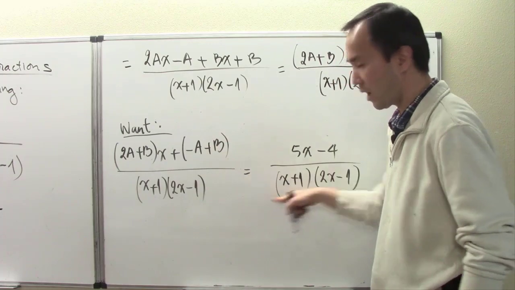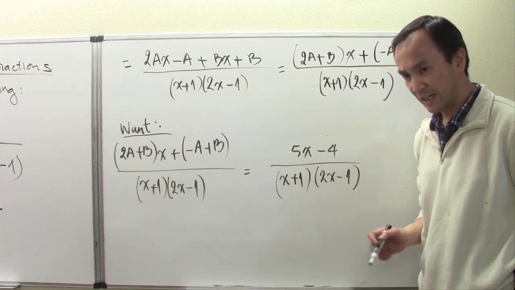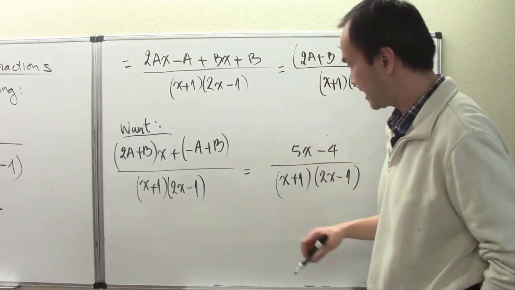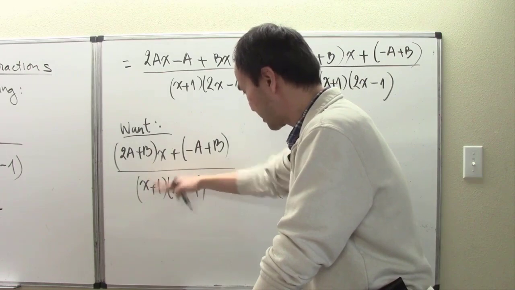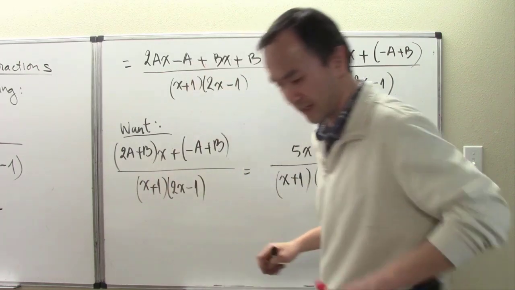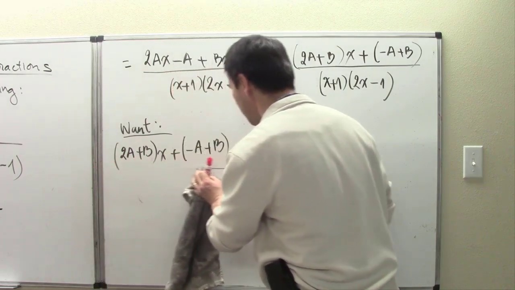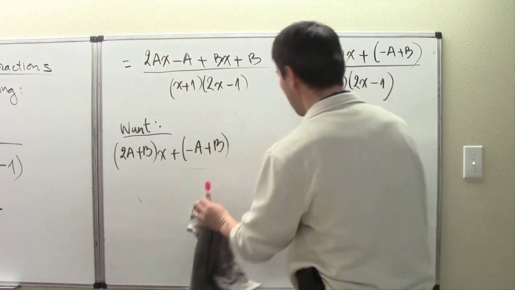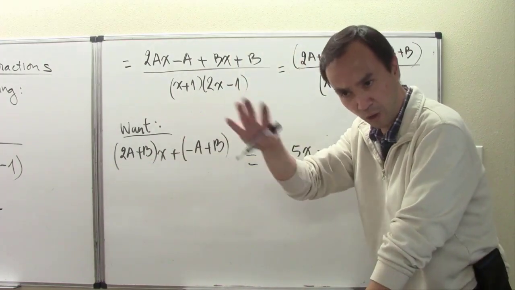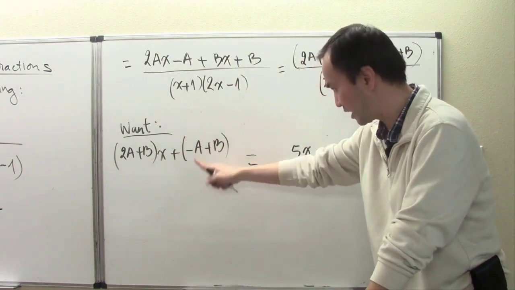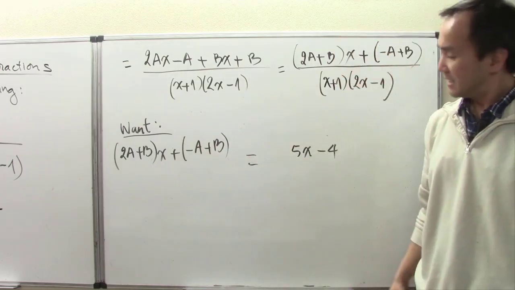That's what we wanted. Since I'm running short of space, here's how I'm doing it. We can skip the denominator. Logically, we must equate the two numerators. The only way for two fractions with the same denominator to be equal is for the two numerators to be equal.